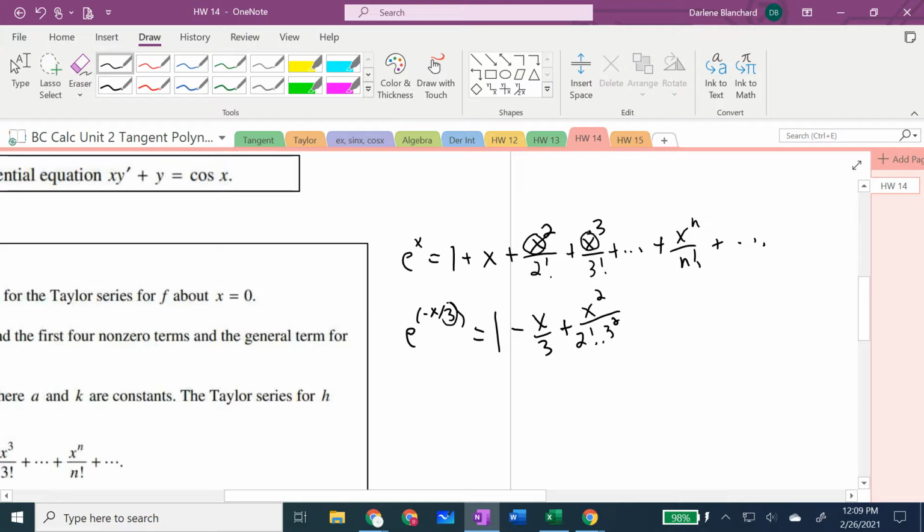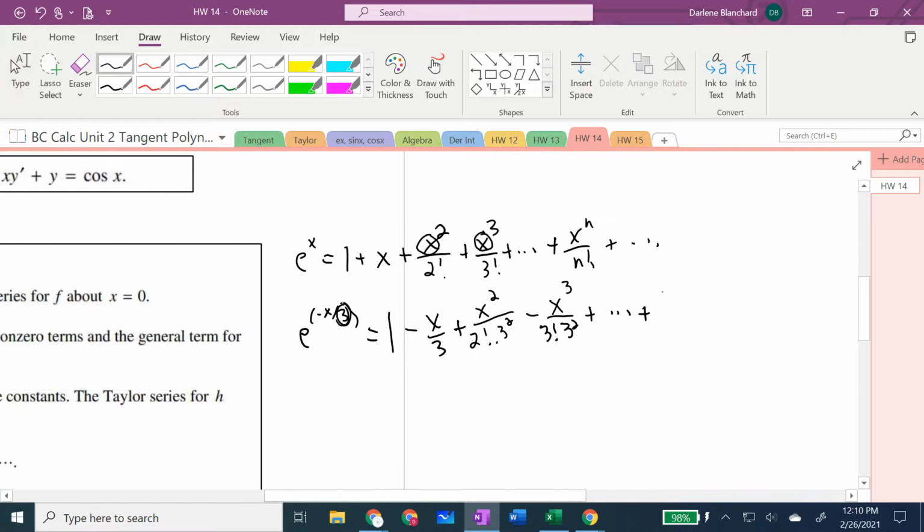Then plugging it in here, the negative will stick, and then the 3 to the third power will show up in the denominator right next to the 3 factorial. And then when I put it in the formula, the negative of negative x over 3 will show up as negative 1 to the n.